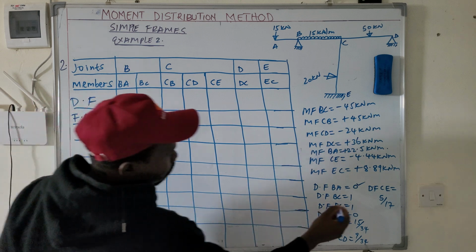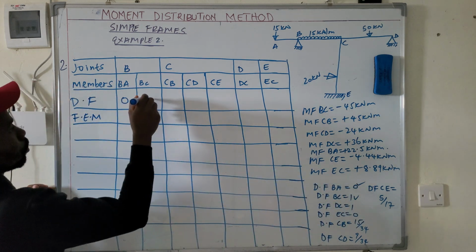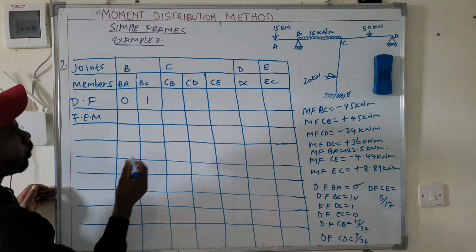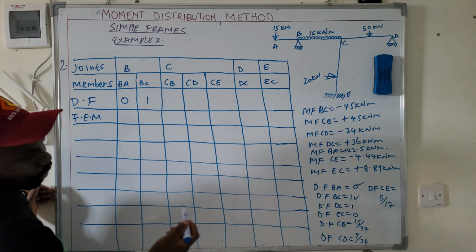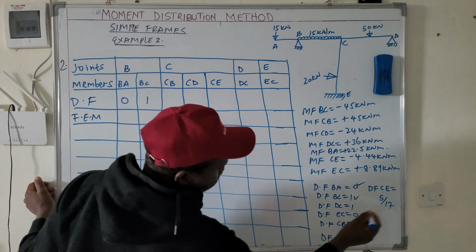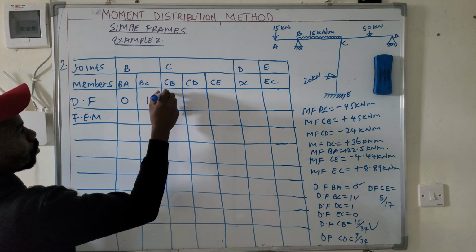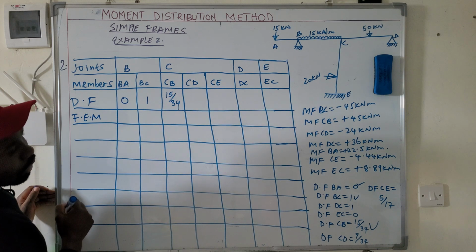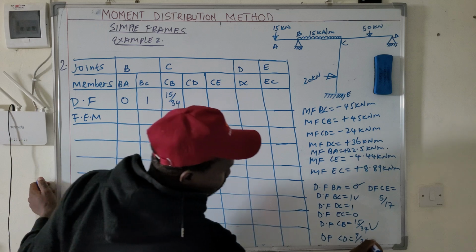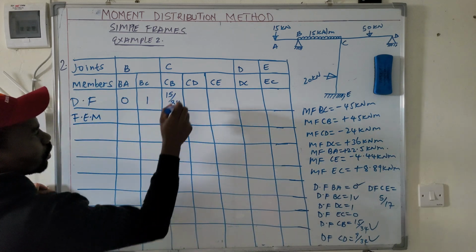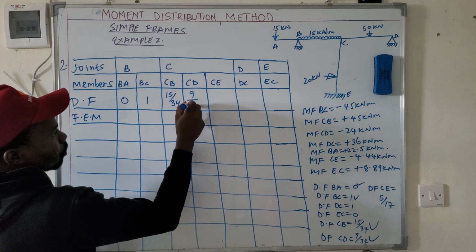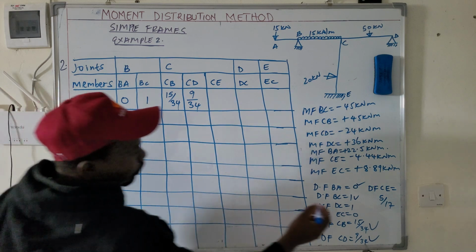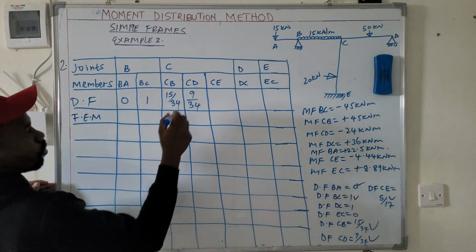BC, this one, 1, you put there 1. CB, 15 over 34, like that. CD, this one, 9 over 34, like that. CE, 5 over 17.